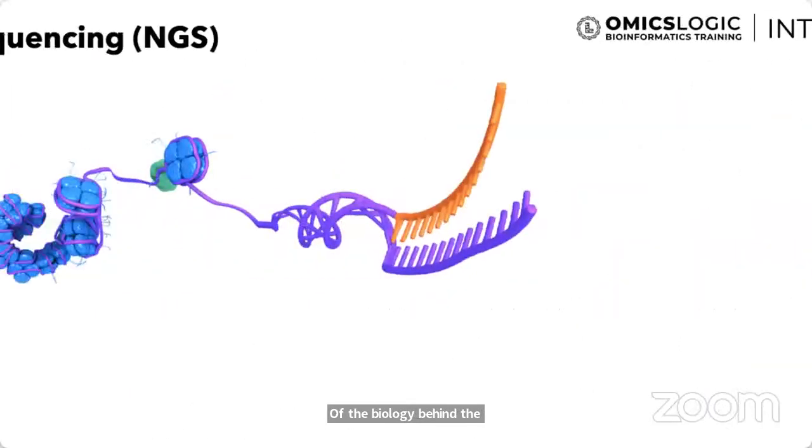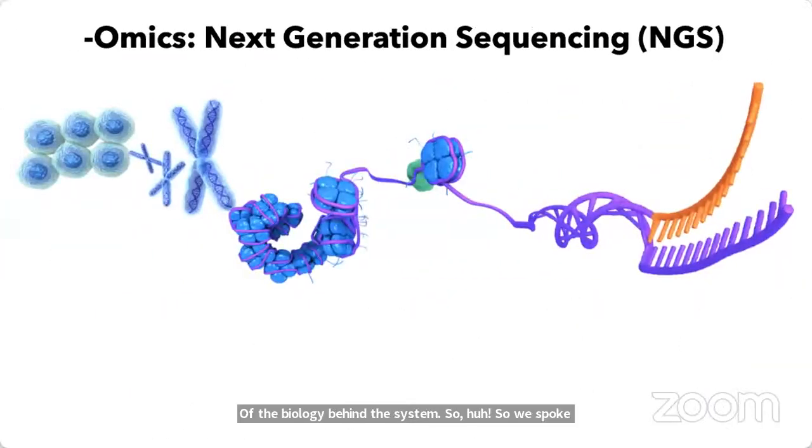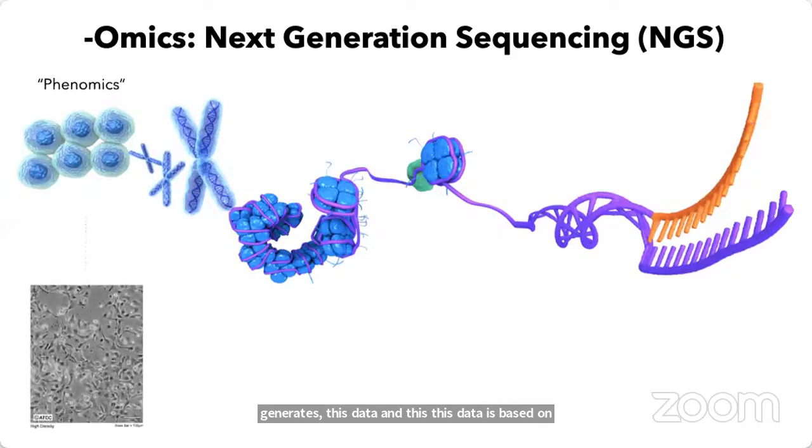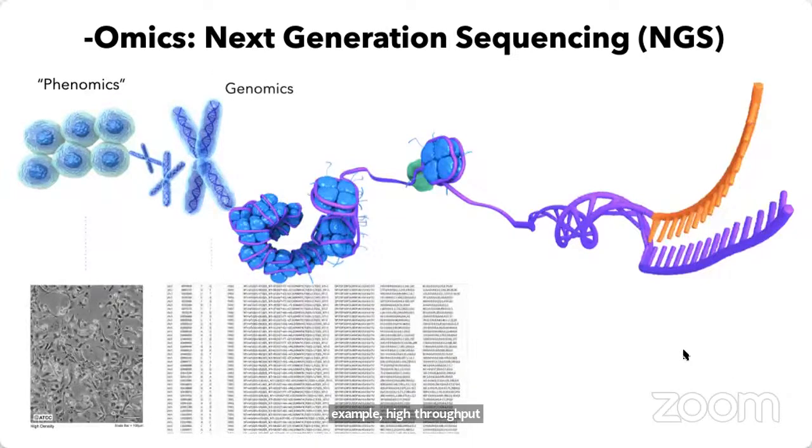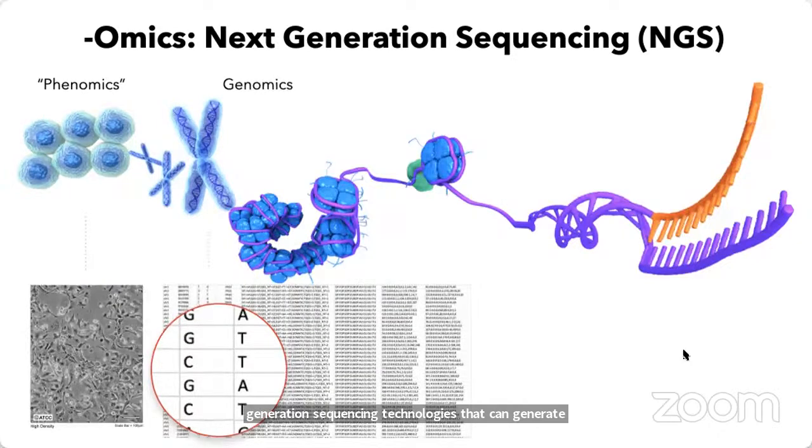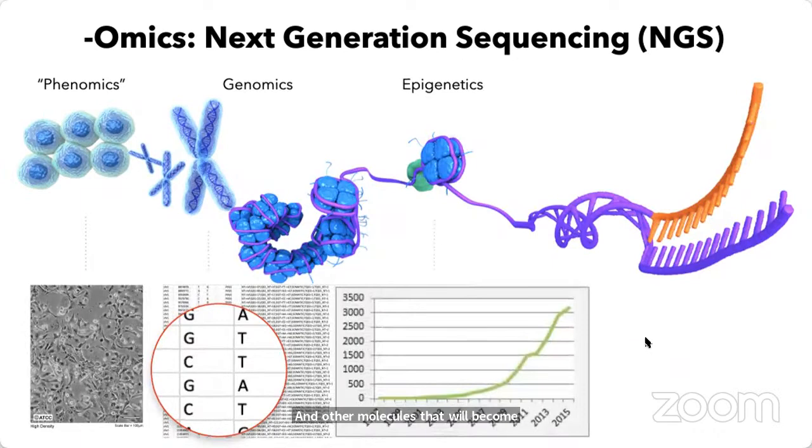So, we spoke about big data and large volumes of data, right? Where is this data coming from, and what generates it? It is based on, for example, high-throughput or next-generation sequencing technologies that can generate billions and billions of data points on genes, which become genomics data, and on proteins and other molecules, which subsequently become transcriptomics, proteomics, and other data, right?